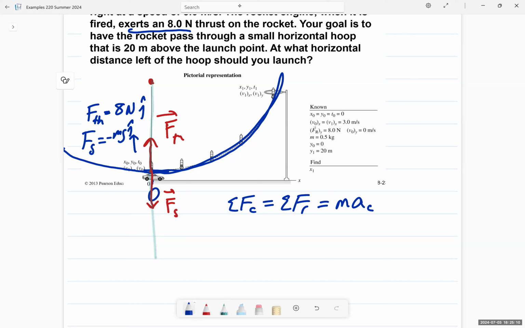So, since the rocket is launched purely in a vertical direction, if I'm looking at the x direction, mass times horizontal acceleration is going to be 0, because there's absolutely no horizontal force acting on the rocket at any time. From here we can conclude there's no horizontal acceleration.